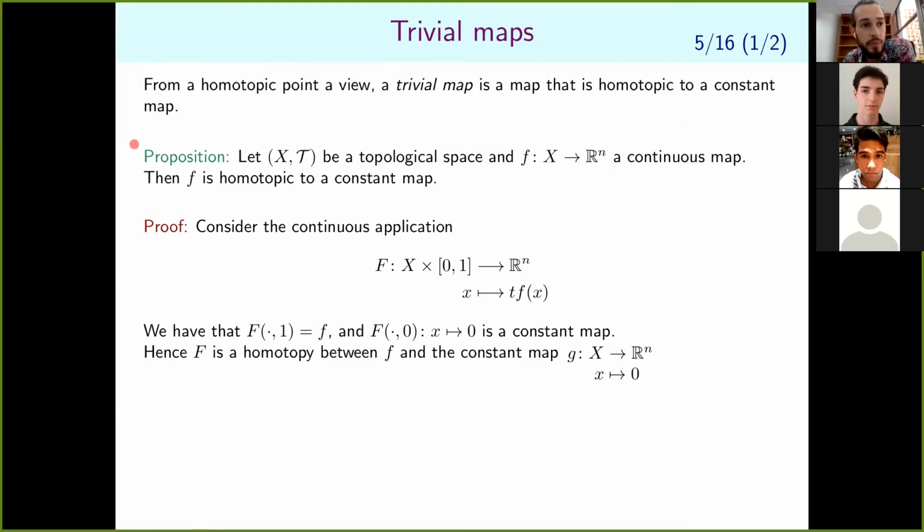And in some cases, there only exist trivial maps. For instance, all the maps that go into Rn are trivial. They are homotopic to a constant map. So if you want to study the theory of homotopy of maps that go into Rn, this is not an interesting theory because everything is trivial.